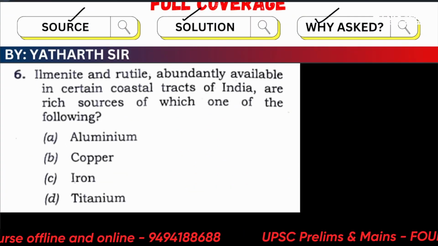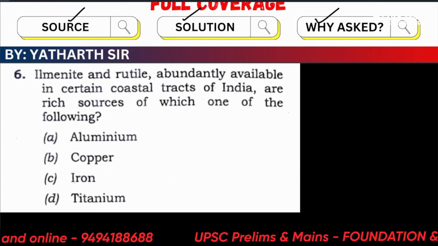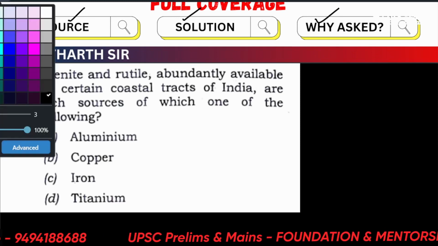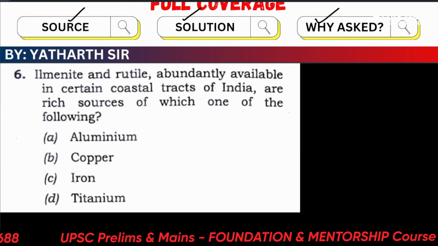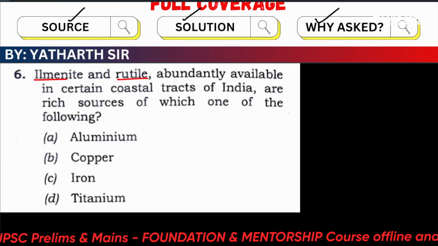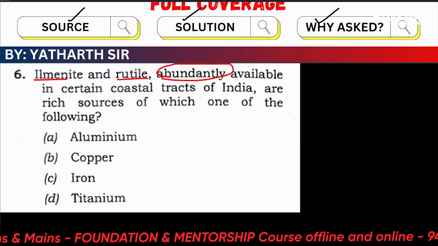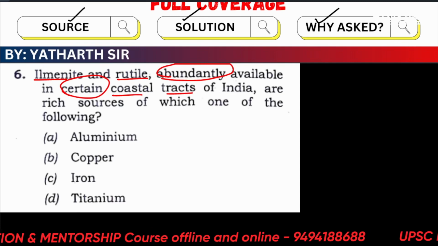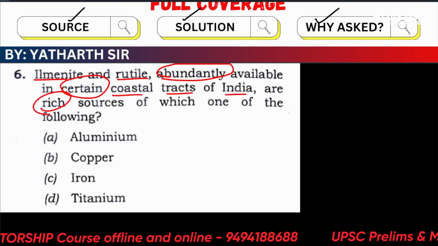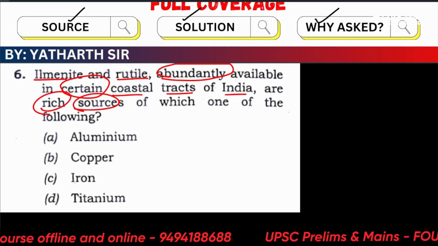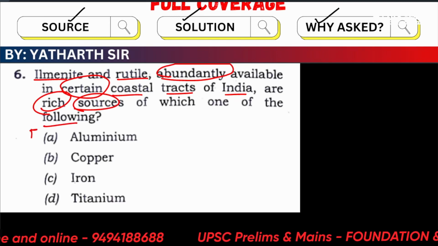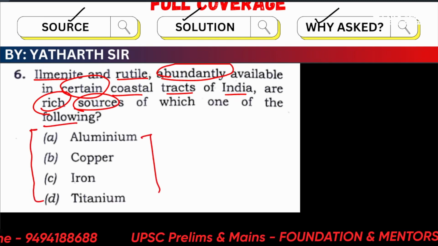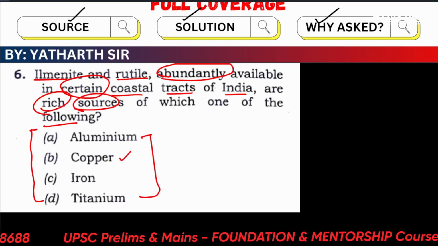So let's see the question. The question was, limonite and rutile abundantly available in certain coastal tracts of India are rich sources of which one of the following? As we know, these are all minerals of some kind, metals individually.